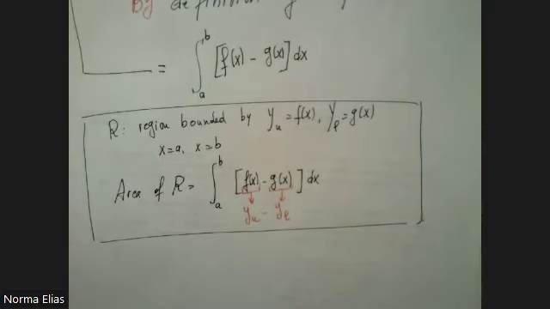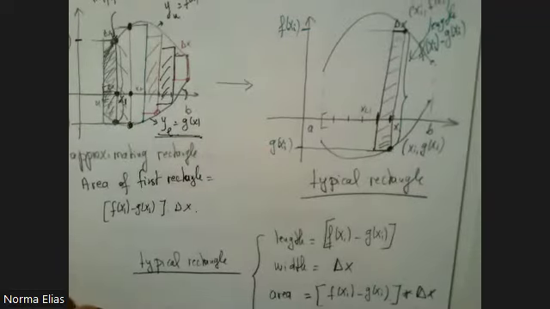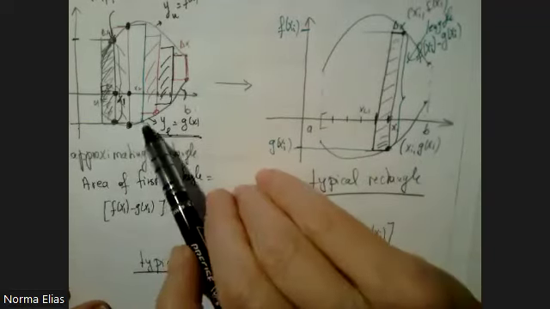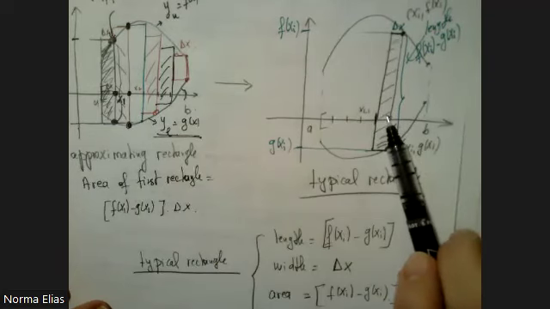So I think I have to start the quiz now. I will assign like 2 or 3 problems, and on Tuesday we solve a lot of problems relating to this idea, just to show you how I am expecting you to do those problems. So basically, my expectation is as follows. We draw the region. We draw a typical rectangle.